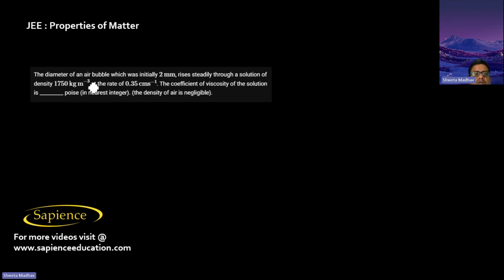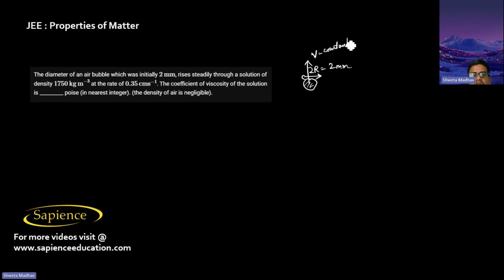And here it is told the diameter of an air bubble, the diameter which is 2r, that is initially 2 millimeter. 2 millimeter is the diameter of the air bubble, which rises steadily, means v is constant.